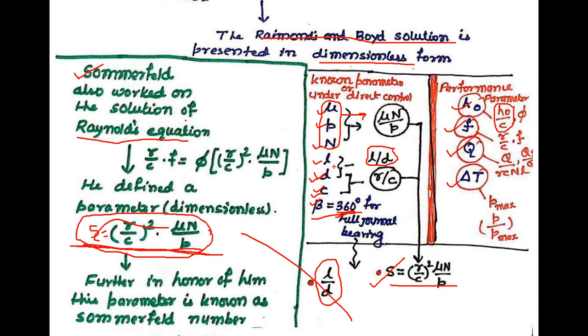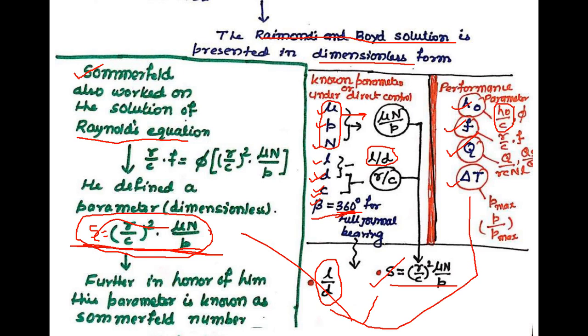All these parameters are covered in these two dimensionless parameters, and by controlling these two parameters the designer has to control these parameters. Which ones?